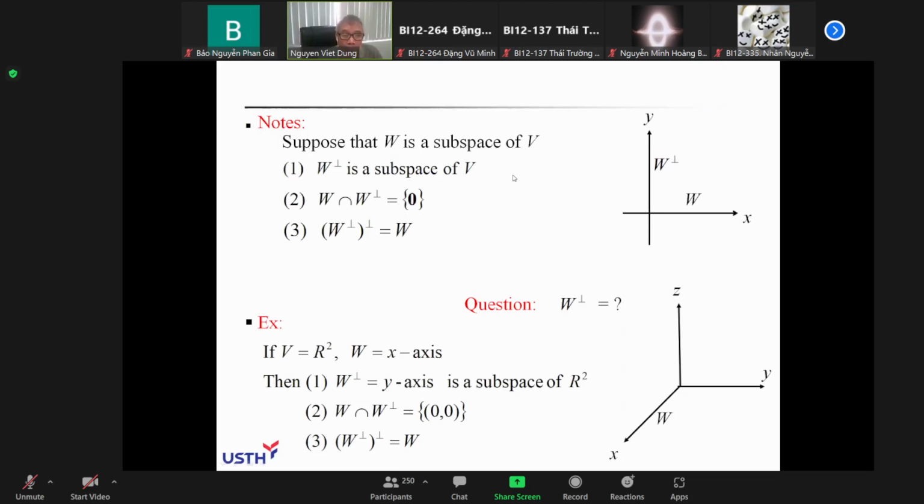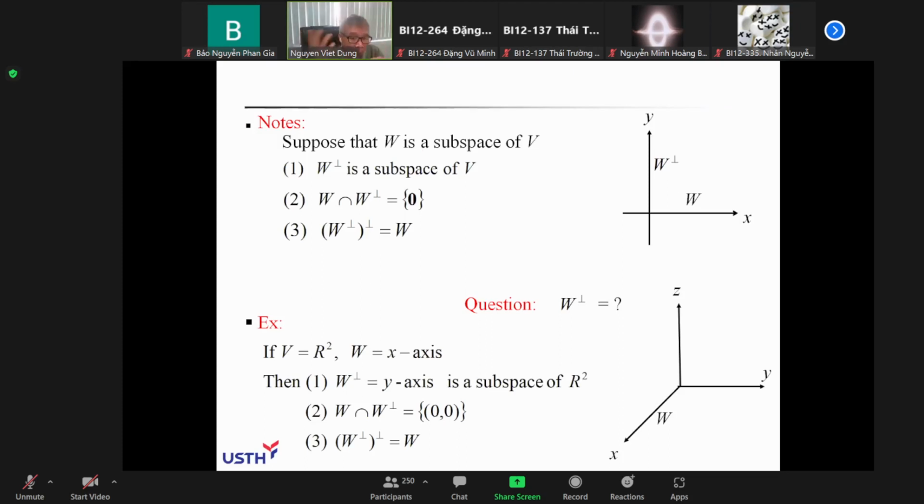And the orthogonal complement has the following properties. The first one is that the orthogonal complement is always a subspace of V. And the second property says that if we intersect the orthogonal complement with the subspace W, we get only one vector, that is the zero vector.